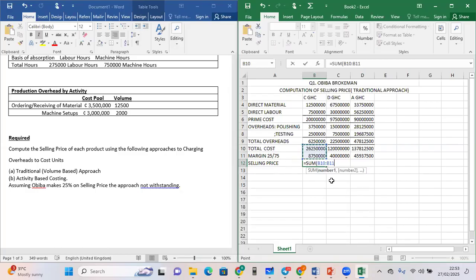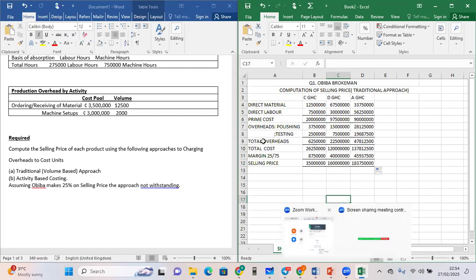That's what is going to give us the selling price here. That's the selling price for the traditional approach. So these are the selling prices we are going to get. So now let's go to the activity one.